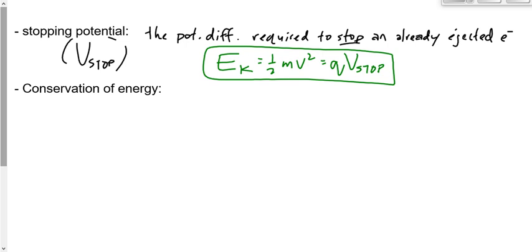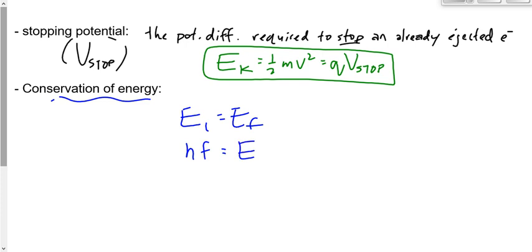Finally, one more. I'm just going to apply the law of conservation of energy to this whole deal. Of course, remember from Physics 20, E initial is equal to E final. The energy that we start with in this whole process is the photon energy, right? The photon with a certain energy equal to h times f. This is Einstein's equation. The energy that we start with is going to be equal to the, what has the energy at the end?